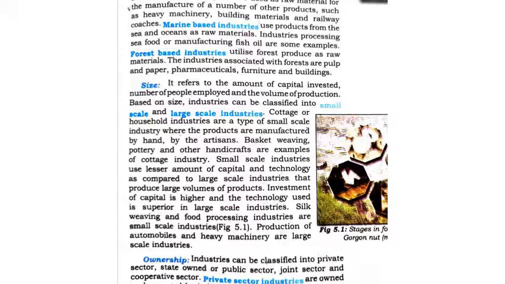And when we are talking about large scale industry, it means those industries which work or are connected on a large scale. So small scale industry means cottage or household industries are types of small scale industry. These cottage industries and household industries are examples of small scale industry.